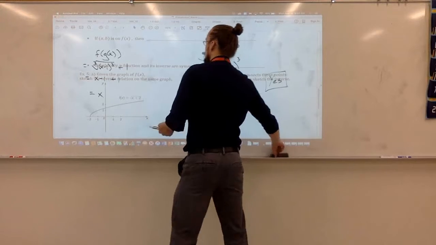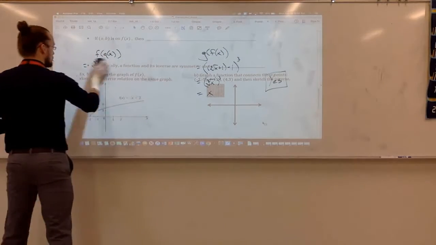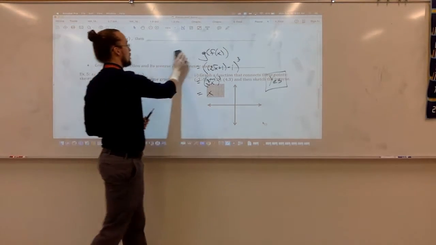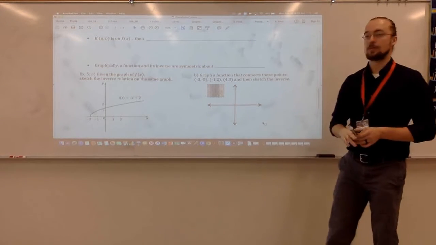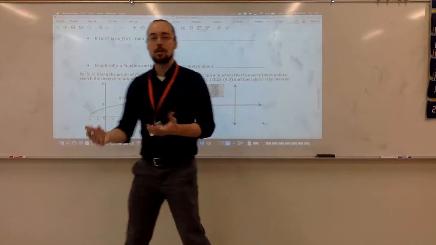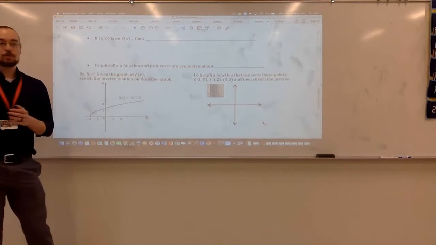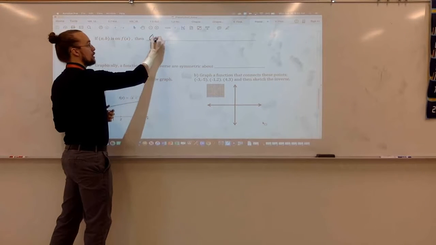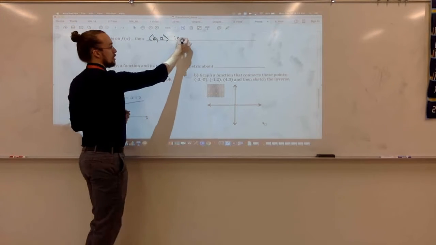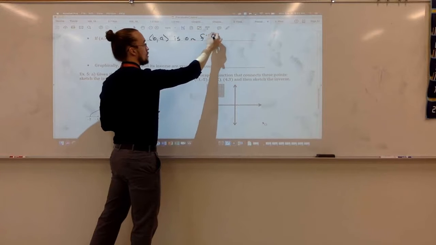All right, so let's talk about the graphs of inverse functions then. Okay, so we kind of mentioned this idea on the front already. If we have some point (a, b) on f of x, then all I'm doing is switching the coordinates, right? Then the point (b, a) is on the inverse.